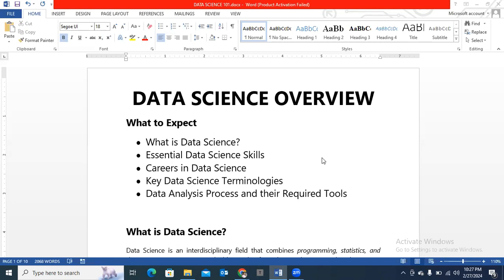I will be treating data science overview. And in this lesson, what do we expect? We're expected to learn what data science is, the essential data science skills you need if you want to be a data scientist, the careers you can pick up in data science, the key data science terminologies that you need to know, the data science processes and the required tools.